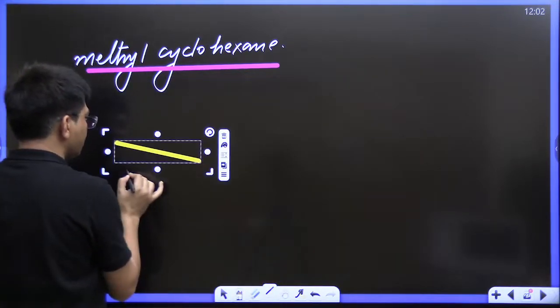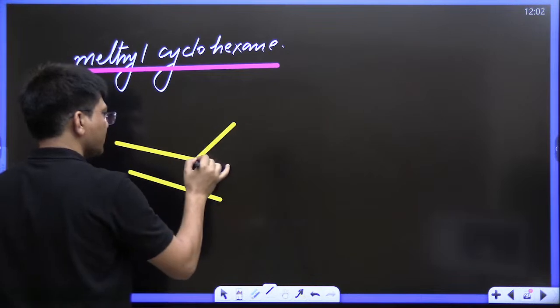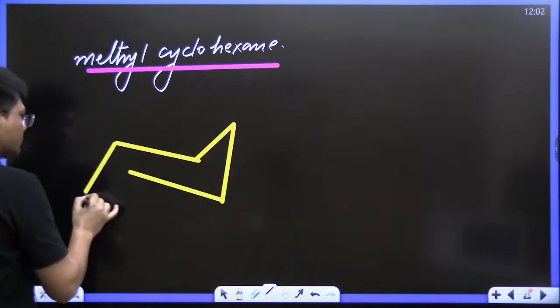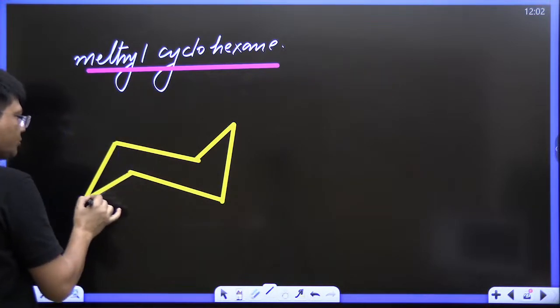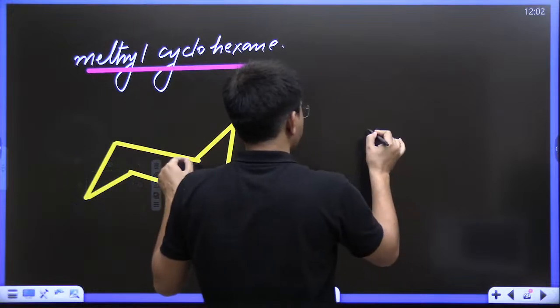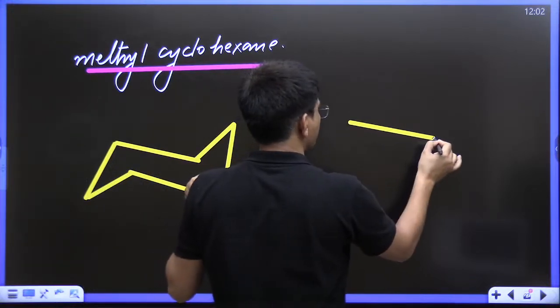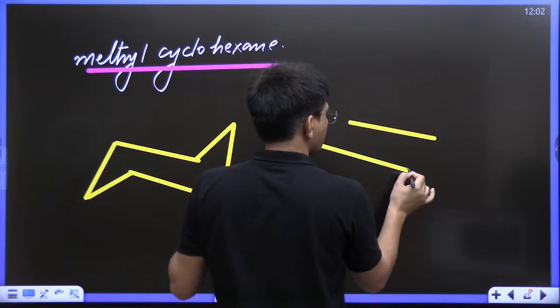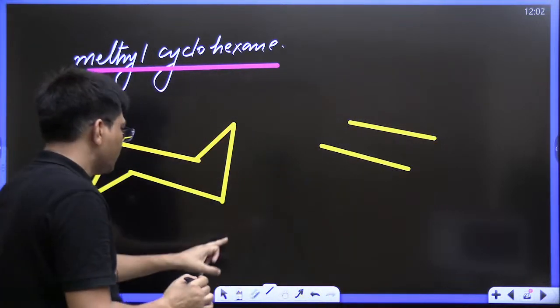This was like this, this was like this, and this is the chair form. I will tell you all the structures of cyclohexane, but try to understand. One is this form, and when it does conformational isomerism, it will look like this. See kids, this part will go down.